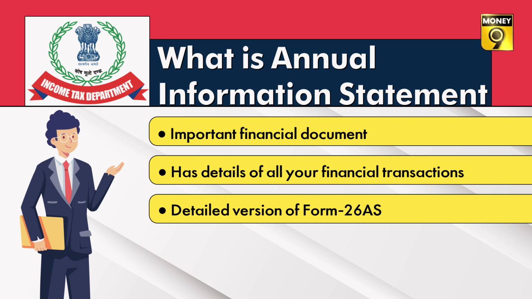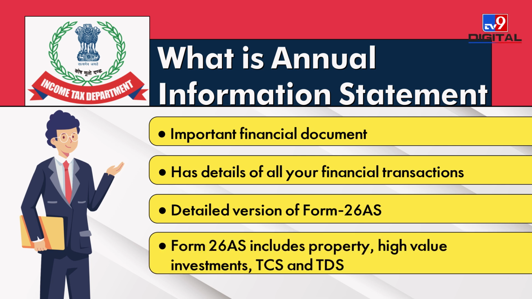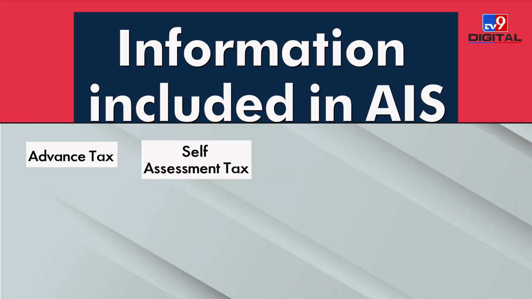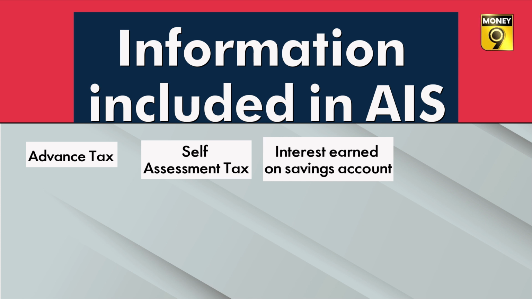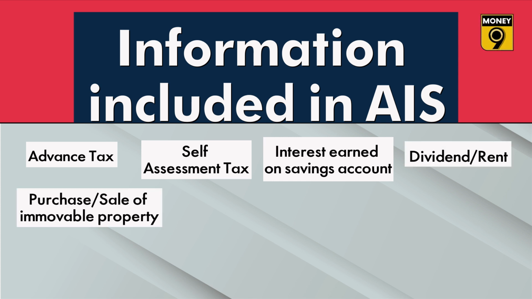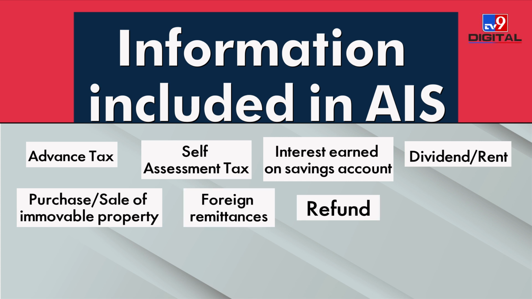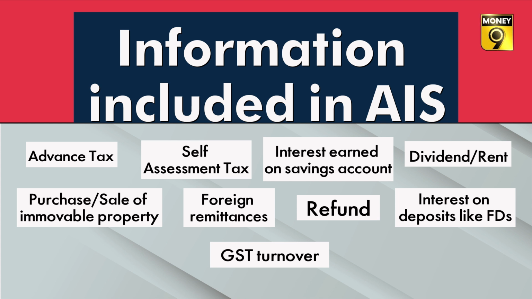Note that Form 26-AS has details of any properties you have purchased during the year and any high-value investments you have made, along with accounts of TDS, or better known as tax deducted at source, and TCS, better known as tax collected at source. Along with all the details mentioned in Form 26-AS, AIS also contains information about advance tax, self-assessment tax, interest earned on savings account, dividend, purchase and sale of securities and other intangible property, foreign remittances, refunds, interest on FD, GST turnovers, and much more.